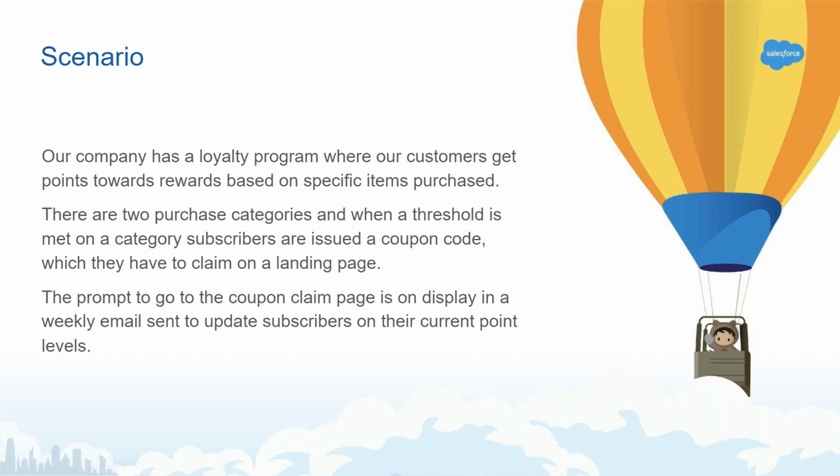So the email displays how many points they have left over if they haven't reached the points they need to reach that threshold yet. And if they have reached that threshold, they get a prompt, or a button, to a landing page that they will be able to collect their coupon code on.